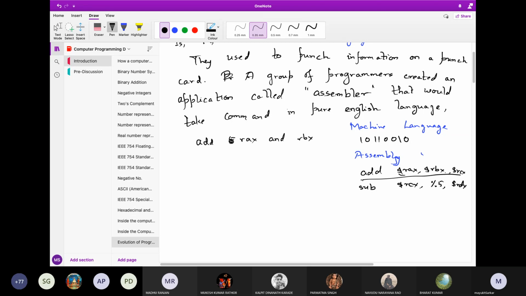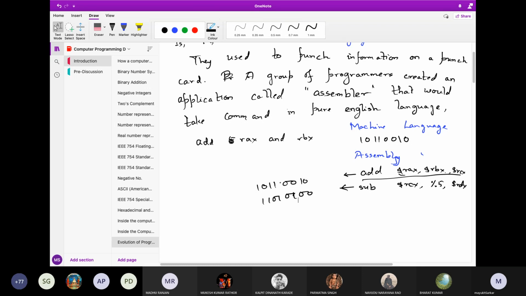This is the corresponding assembly language program. What the assembler does is take it line by line and convert it into the corresponding machine instruction. I have just written two hypothetical machine instructions for them.